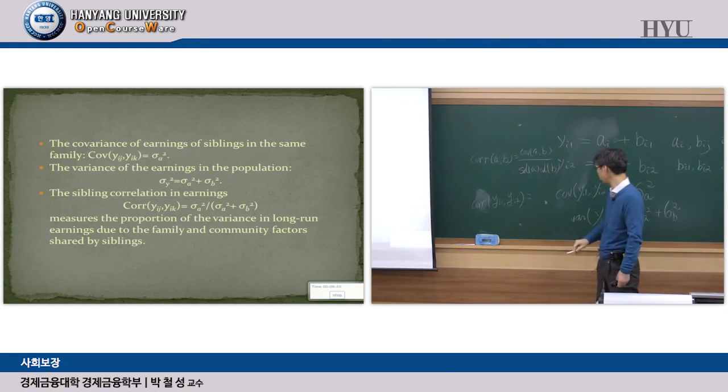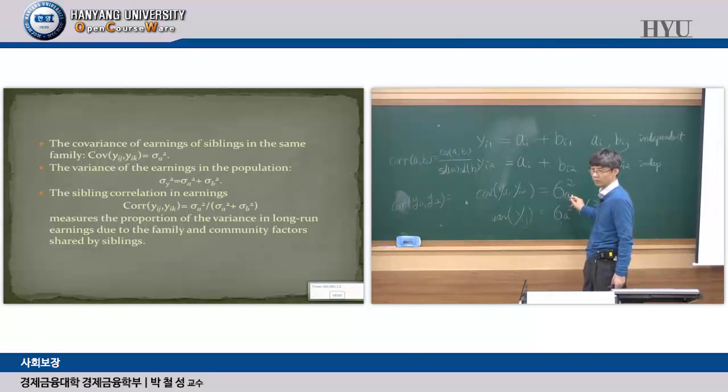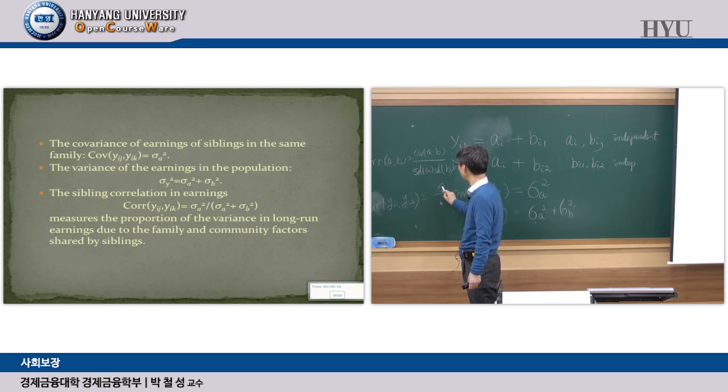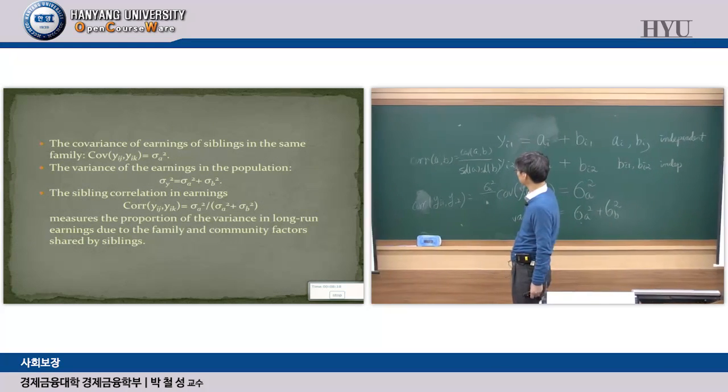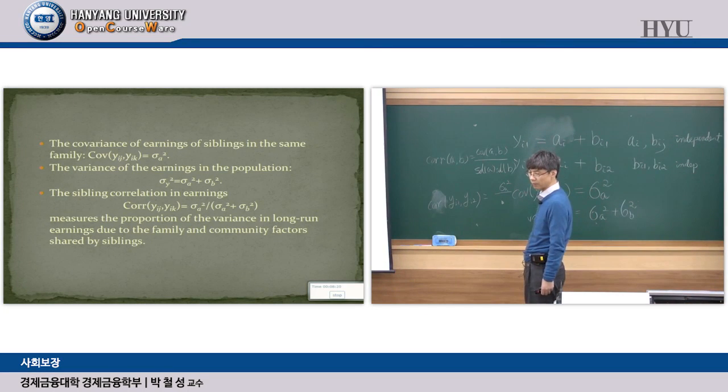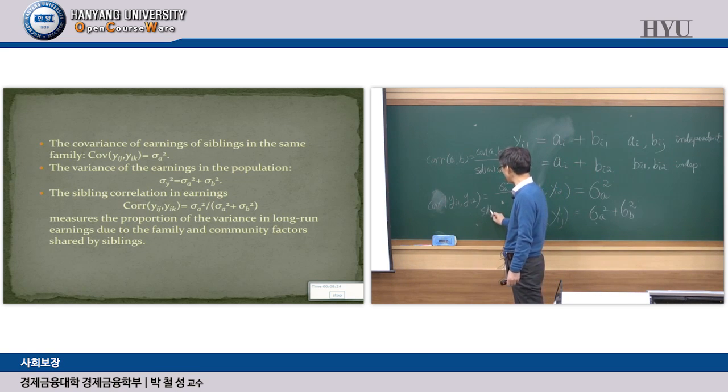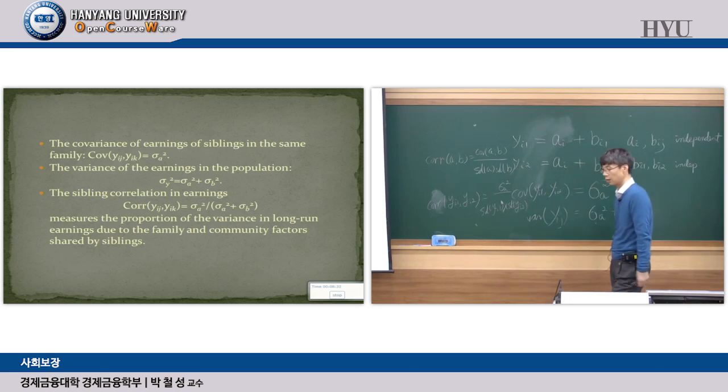Then we have the covariance of yi1, yi2, which is basically sigma a squared. So in the numerator, we have sigma a squared. And the denominator is the standard deviation of yi1 times the standard deviation of yi2.